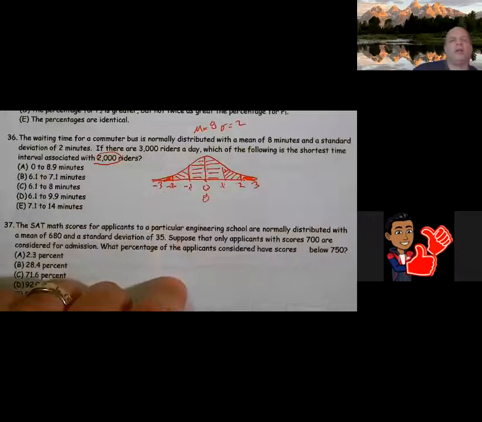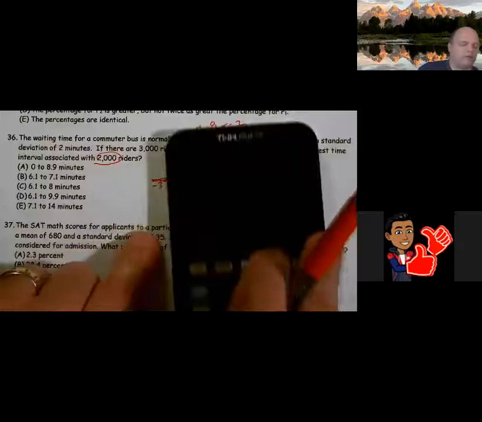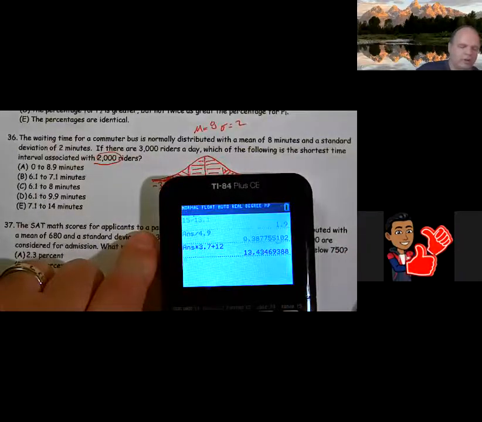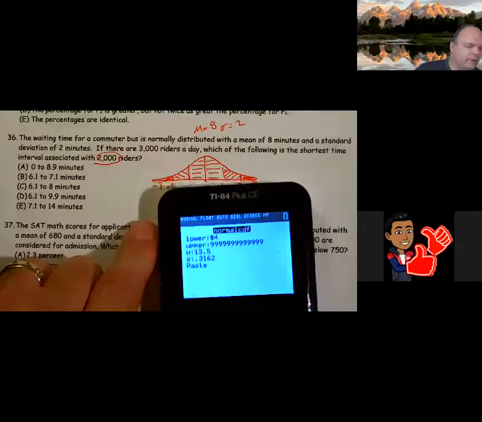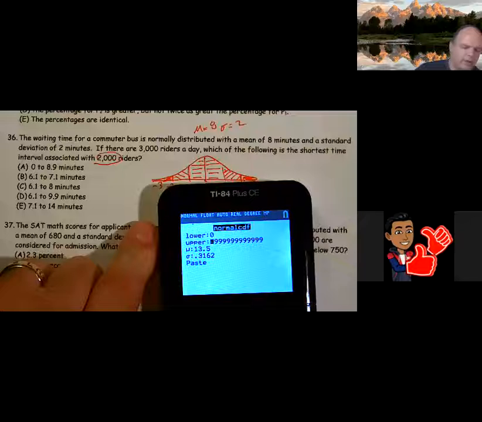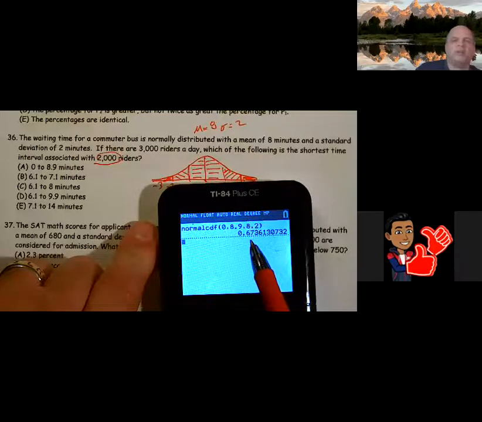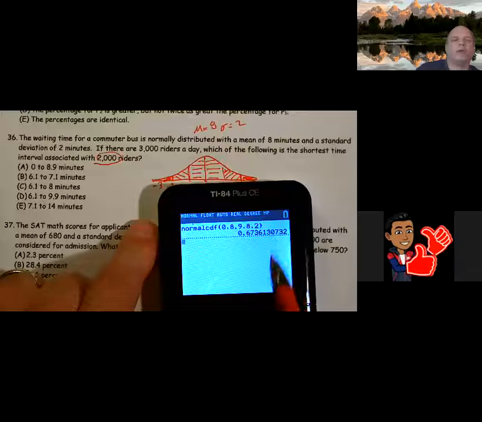But I need to go ahead and run all of these as normal CDFs. So 2nd Vars, normalcdf, lower bound 0, upper bound 8.9 minutes, mean is 8, standard deviation is 2. I end up getting a probability of 0.6736, but they're not asking for probability.